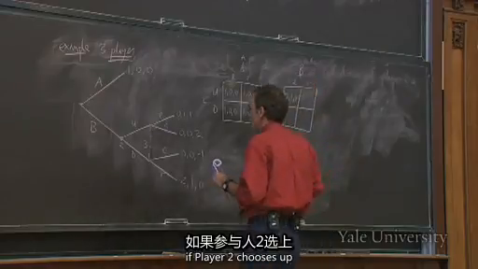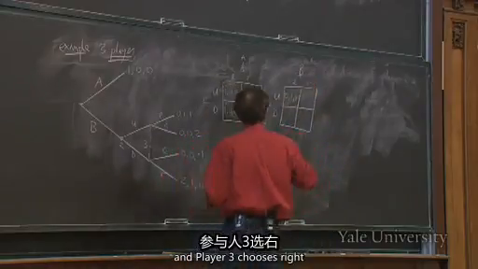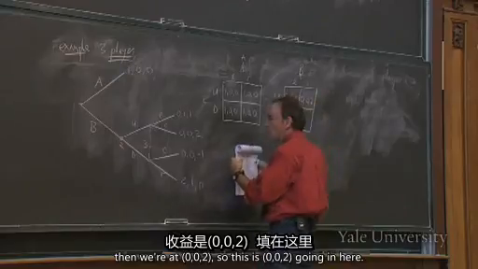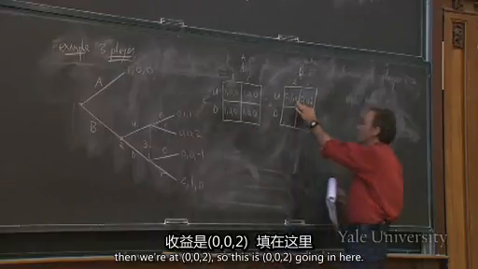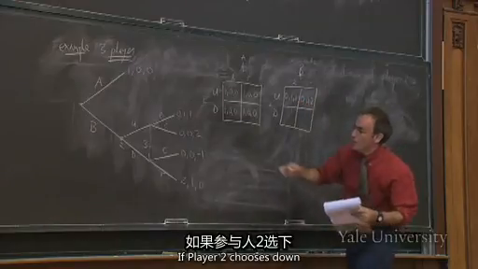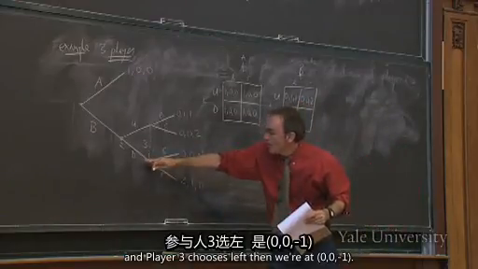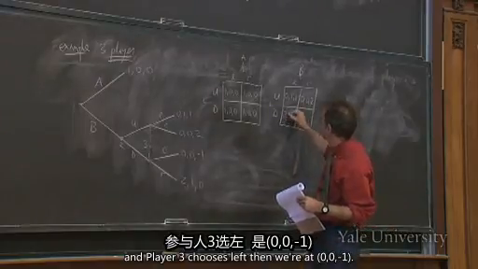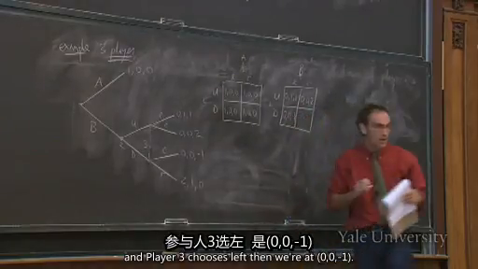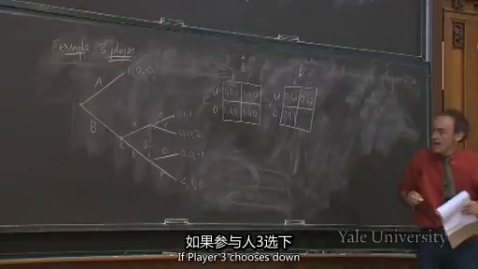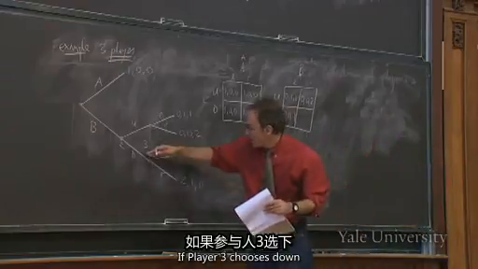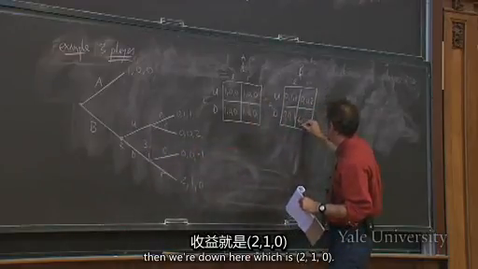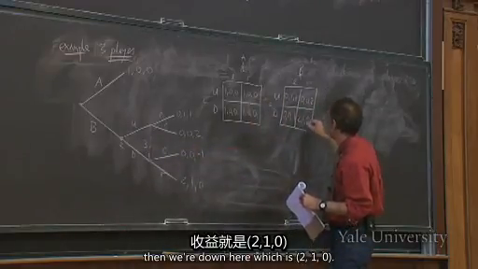If player 2 chooses up and player 3 chooses right, then we're at 0, 0, 2. If player 2 chooses down and player 3 chooses left, then we're at 0, 0, minus 1. Everyone okay with that? And if player 2 chooses down and player 3 chooses right, then we're down here, which is 2, 1, 0.